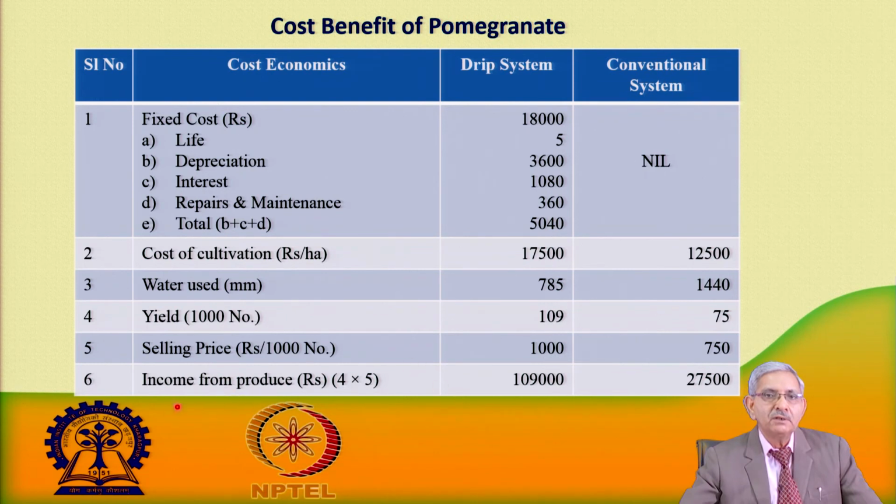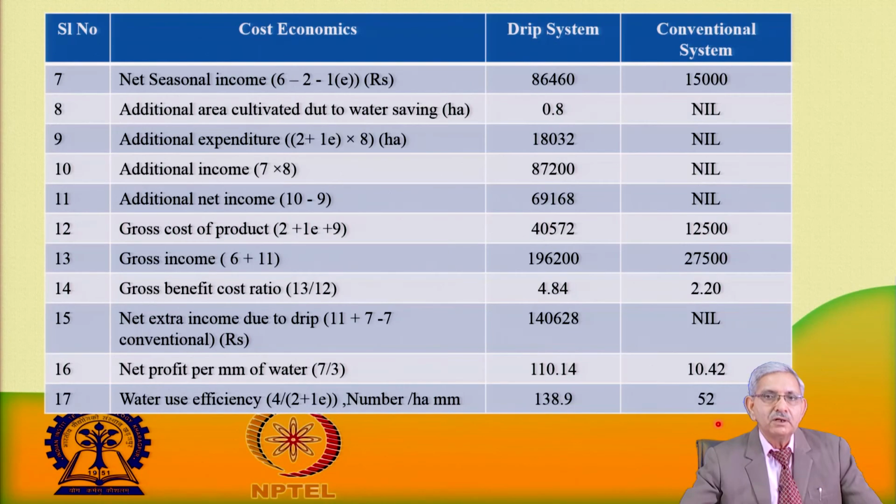Income from the produce is item 4, 5, that is yield multiplied by the selling price, this will give the income, and this is the income due to the conventional irrigation system. Now, net seasonal income has been estimated. So, there is a difference we are getting, and then additional area due to saving in water. Here it is 0.8, because 80 percent is the saving in water we are bringing.